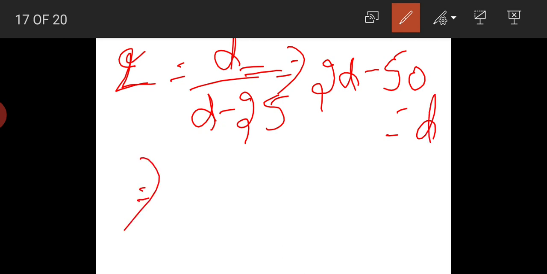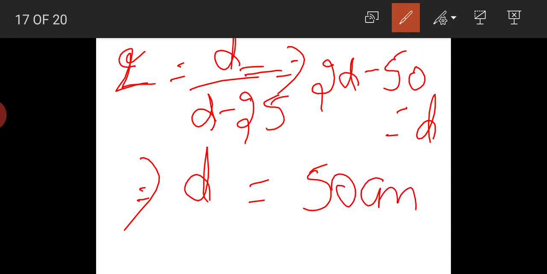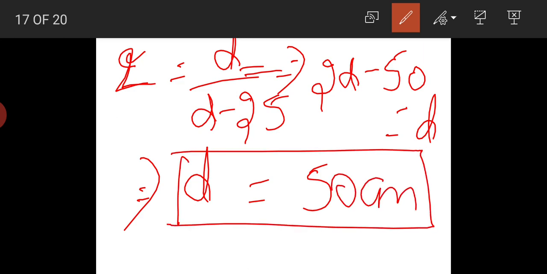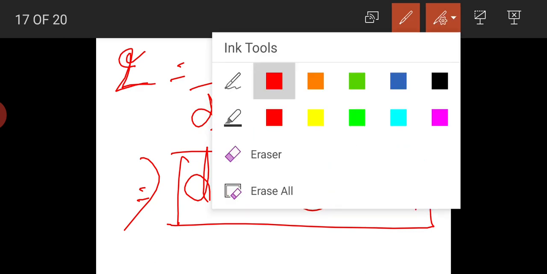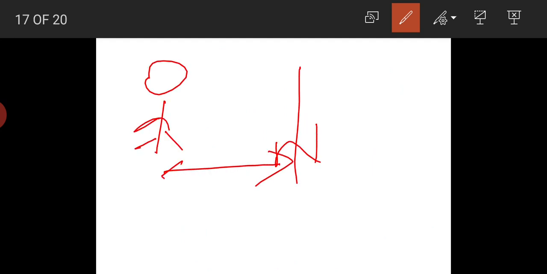Bringing d to one side and 50 to the other, 2d minus d is equal to plus 50. So d is equal to 50 centimeters. This is the distance of the near point. It means Harshita can see objects beyond 50 centimeters. Here d is the distance of the near point.